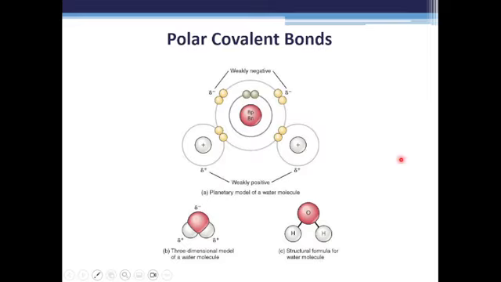So the most important example of polar covalent bonds is water. In a water molecule, oxygen is more electronegative than hydrogen. So oxygen pulls the shared electrons closer. Then oxygen, since it tends to have a negative charge, develops a partial negative charge.